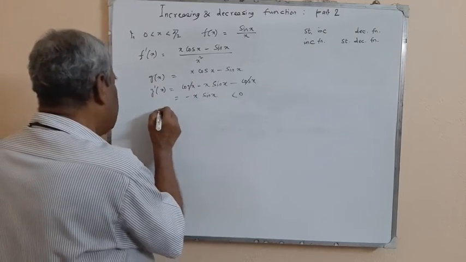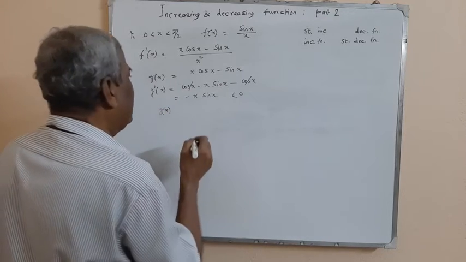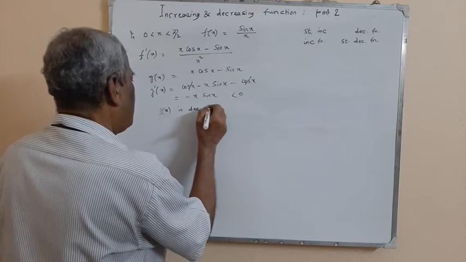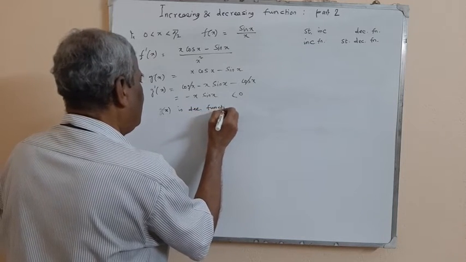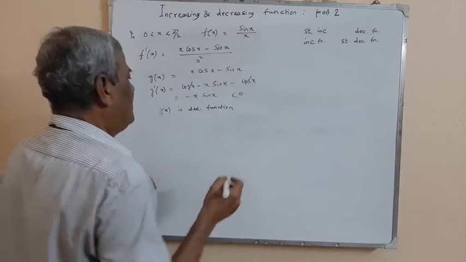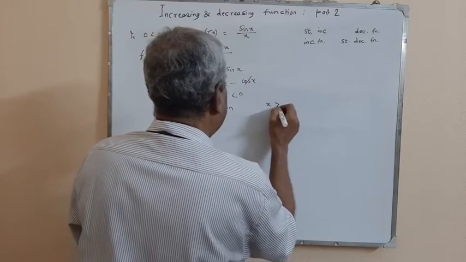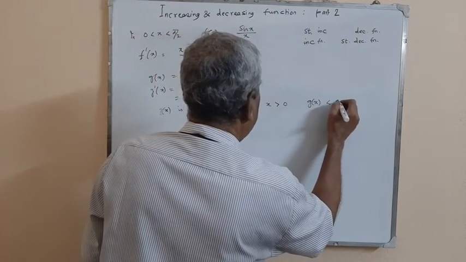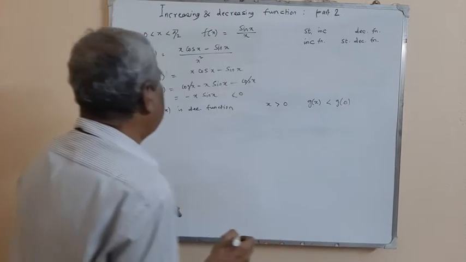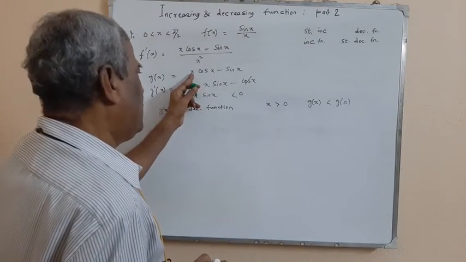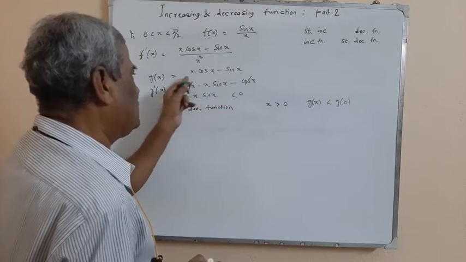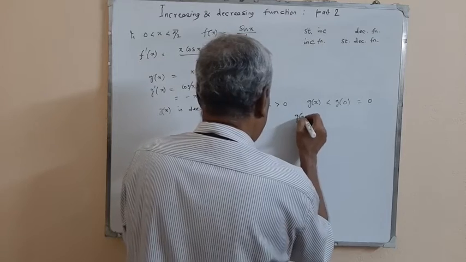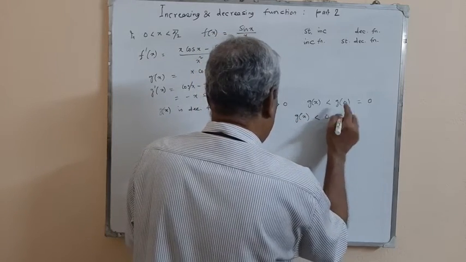Therefore, the function g(x) is a decreasing function in that interval. Therefore, for x greater than 0, g(x) is less than g(0). But g(0) is 0 for this part and 0 for that part, so it is simply 0. That is, g(x) is less than 0.